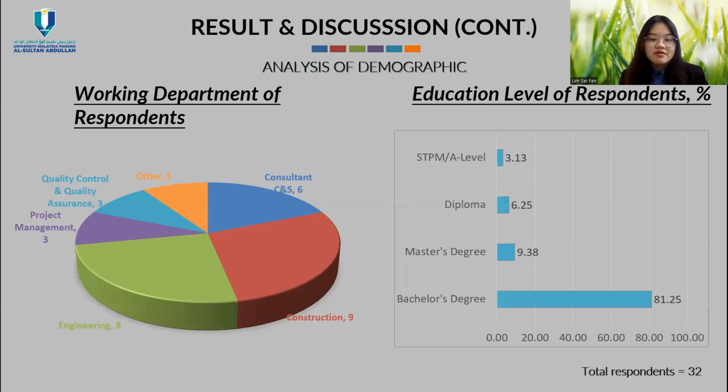Next, this figure illustrates the distribution across respondents' various working departments. The largest portion falls under the construction department with 9 respondents, while engineering and consultant departments closely follow. Moreover, based on the professional nature of the construction industry, a bachelor degree is often a standard requirement.